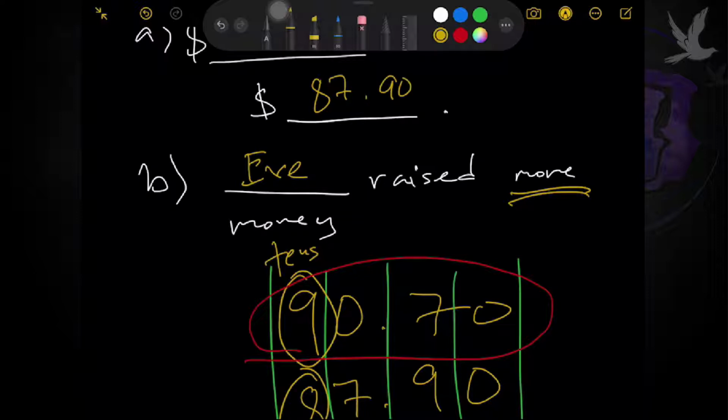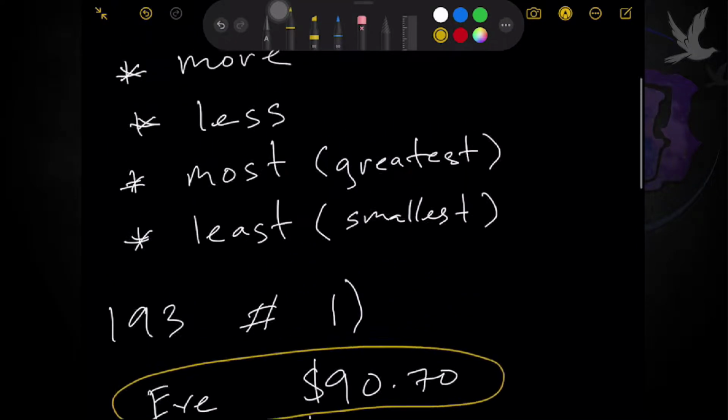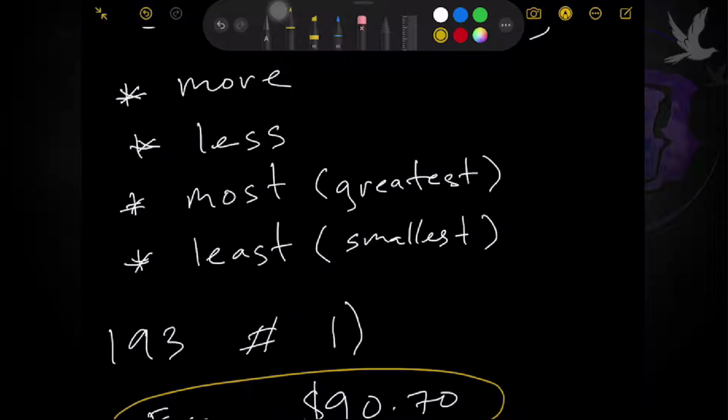Although there are additional questions lang doon, such as clue words nga natin are most and least, basically referring to greatest and smallest lang naman, depending on how you use the question. So, yan lang ka-basic.